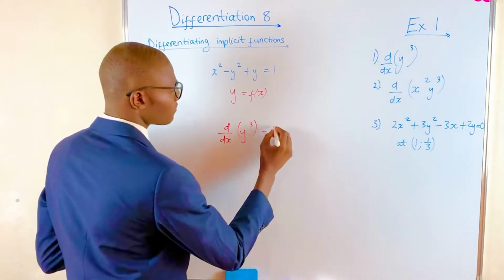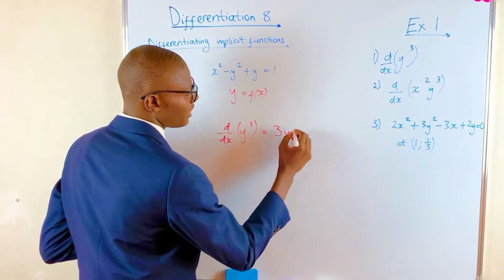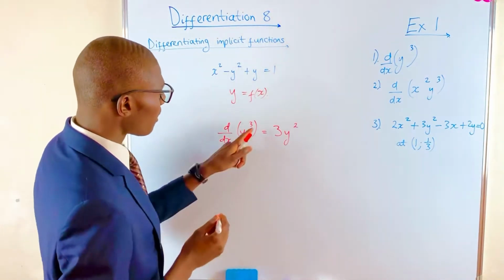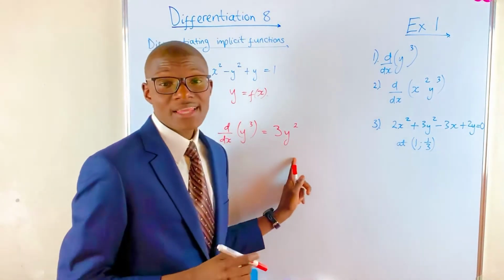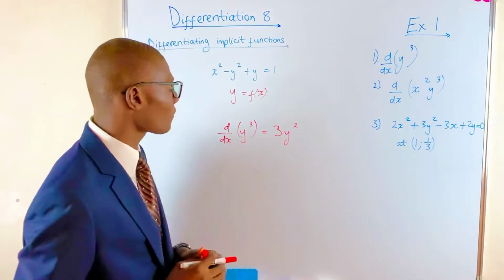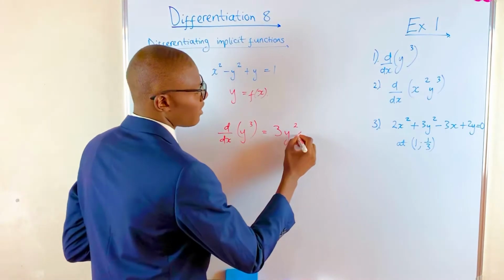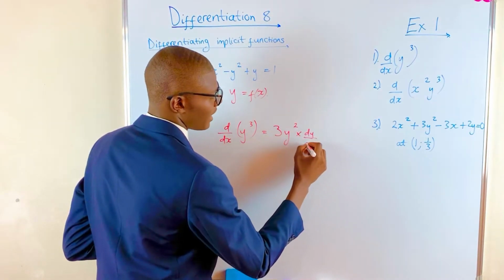So we drop the power, multiply by 3, then subtract 1 from the power. Right. So drop the power, multiply by the y, then subtract 1 from the power. And then after this, we multiply this by the expression of dy by dx.